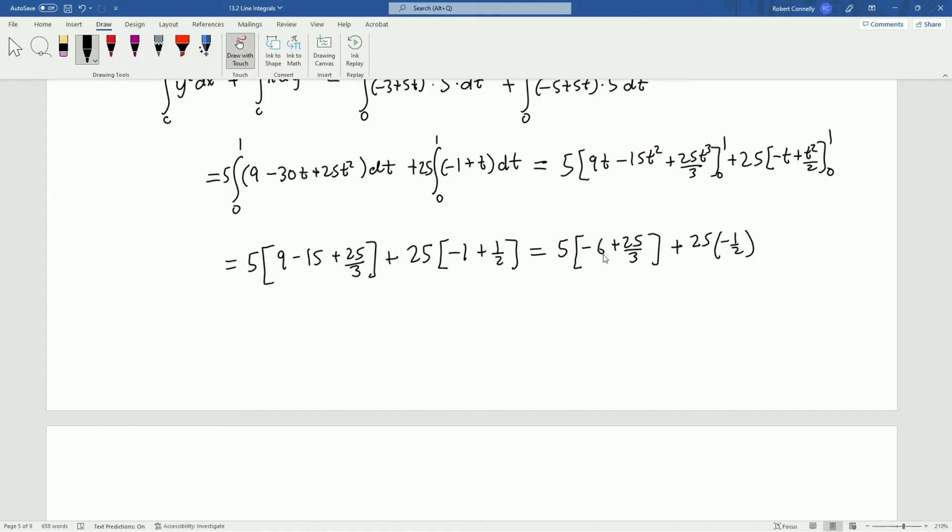Okay, almost done here. So negative 6 is going to be negative 18 thirds plus 25 thirds, which is 7 thirds. So 5 times 7 thirds is 35 thirds minus 25 halves.